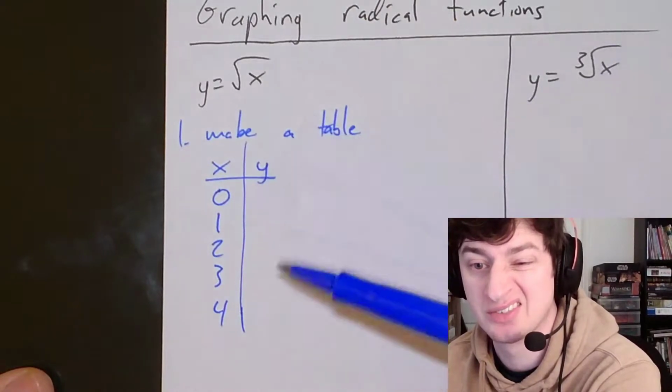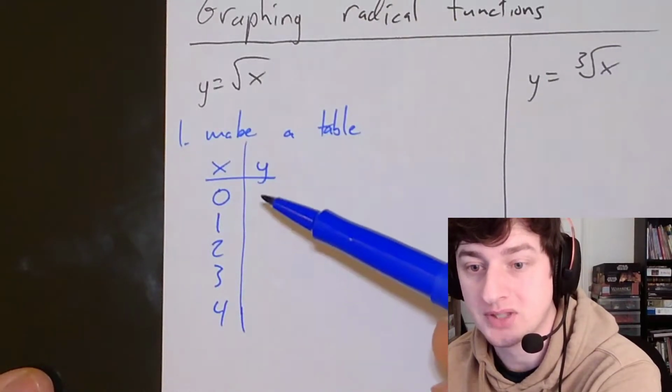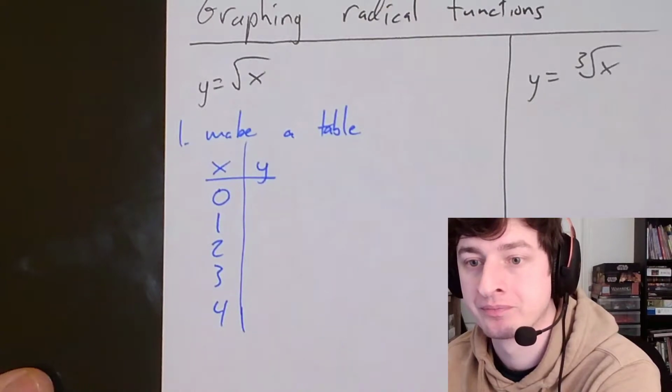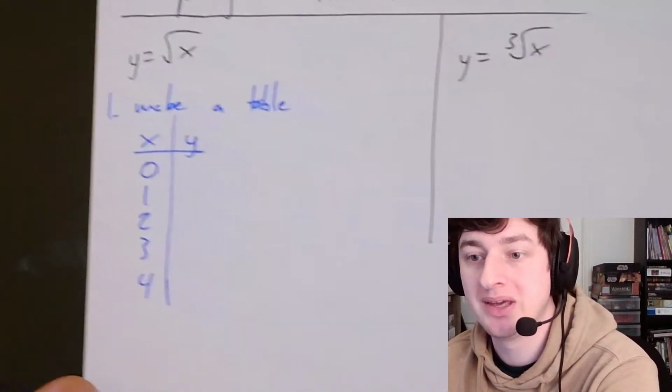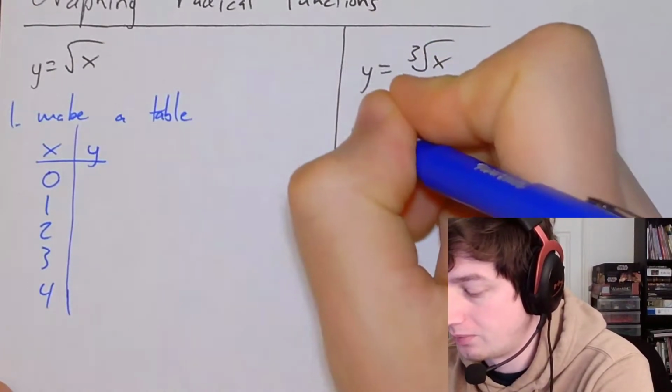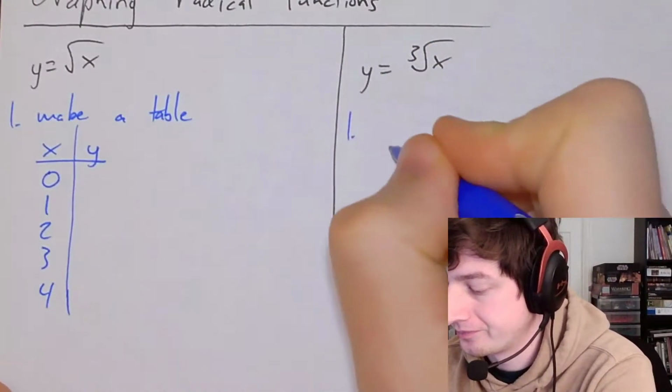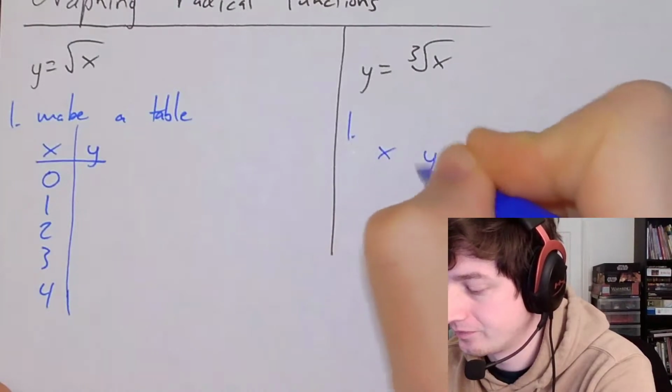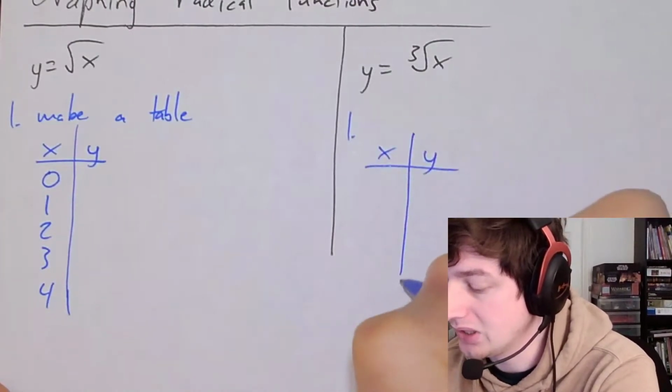So each of these is going to give a decimal, except for 0 and 4. When we make a table for the cube root, it can be negative.